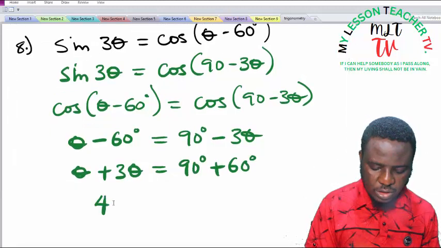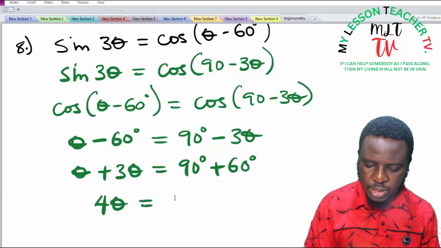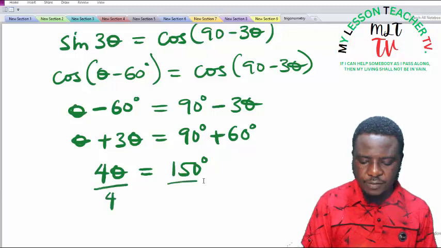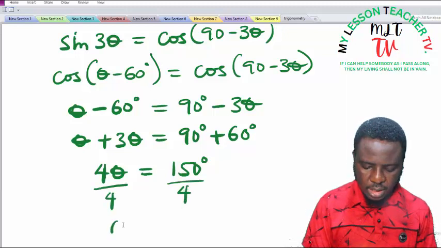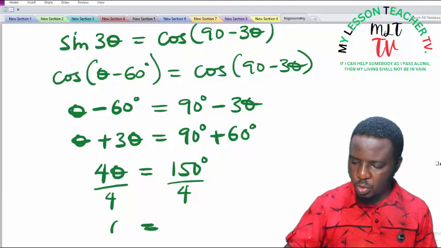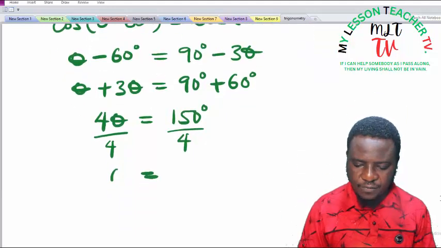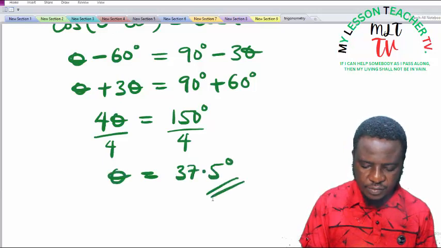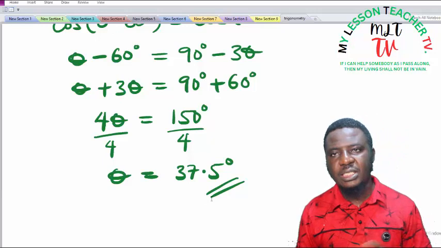This becomes 4 theta to be equal to 150 degrees. Dividing both sides by 4 gives us our value for theta, and theta is equal to 150 divided by 4, which is 37.5 degrees. And this is our answer.